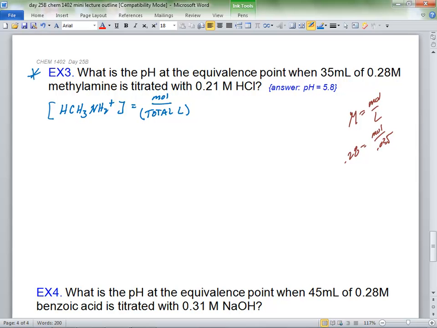Because it helps you identify everything you got to do. You recognize that the conjugate acids, you have to write a Ka reaction and do ICE. You recognize how to get that initial concentration, moles over total liters, to put in the ICE table.